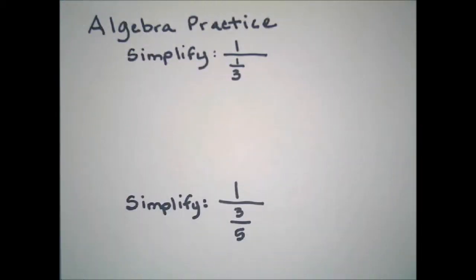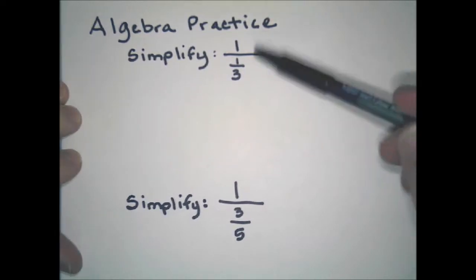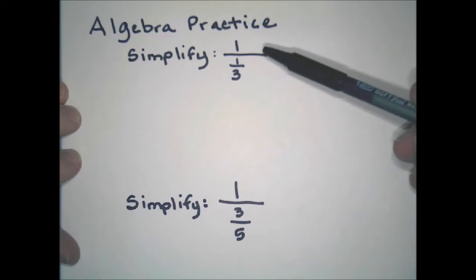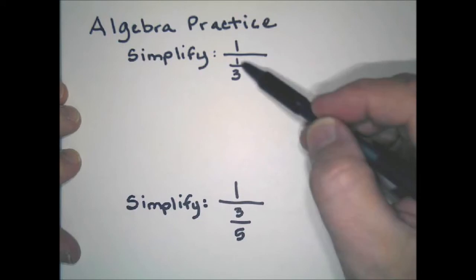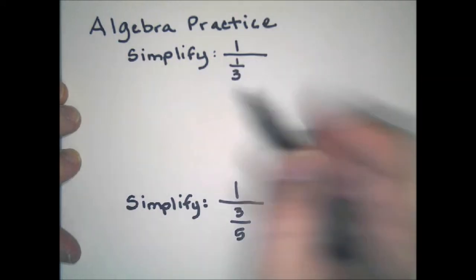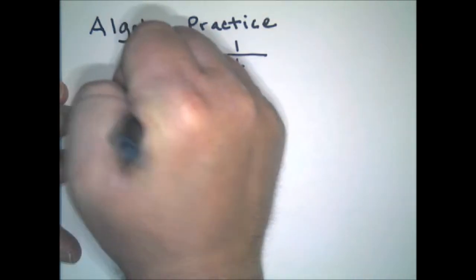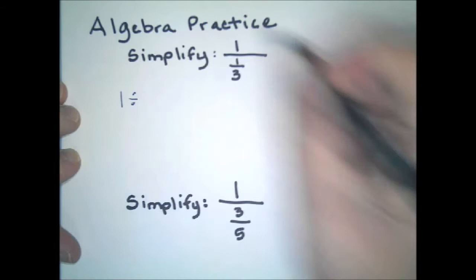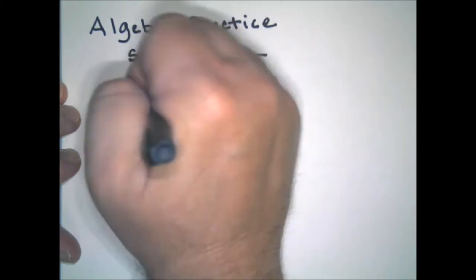The next thing we're going to do is a little bit of algebra practice. Once you see the pattern of this, it's going to come in real handy with some of the things we have to do regarding parabolas. What is 1 divided by 1/3? Well, back in elementary school, you learned that if we were dividing fractions like this, first thing I would say is, let's change this from vertical division to horizontal division.